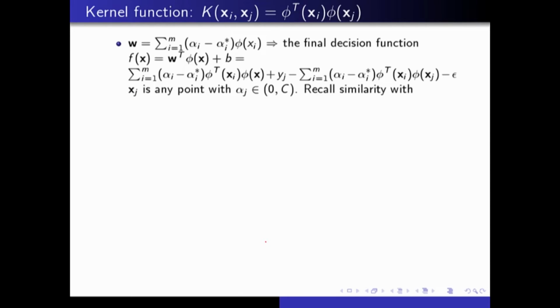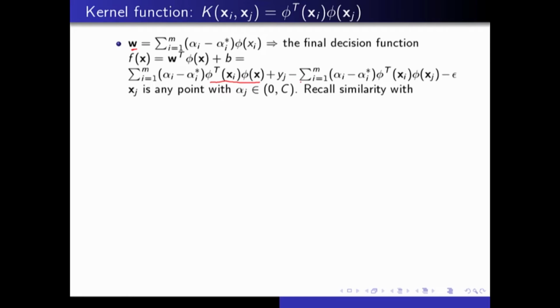So you must note that the decision function could also be rewritten based on w projected along the KKT set, and this decision function will again start involving the dot product of phi xi's with phi x, where x is a query point, and we have also substituted for b.